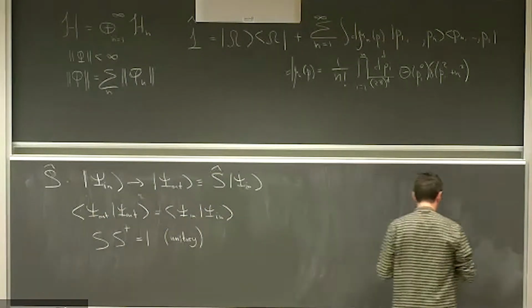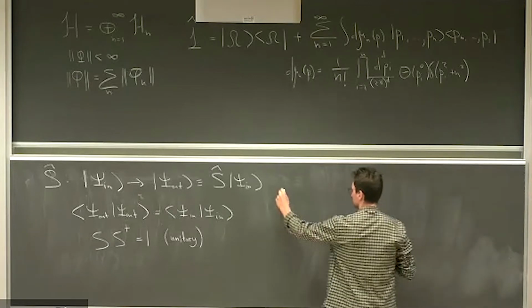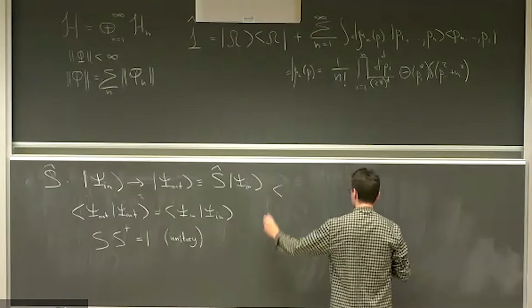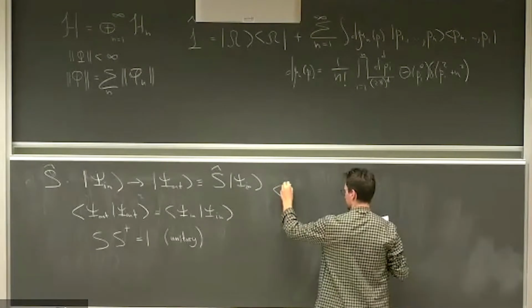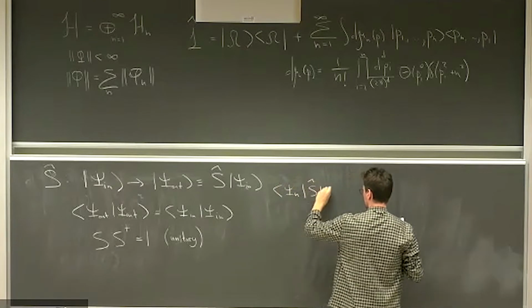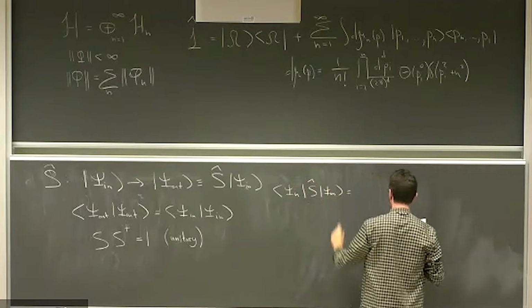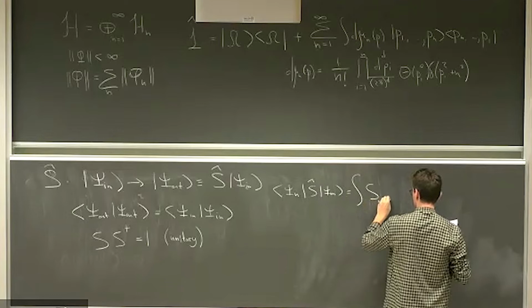Now, usually in this setting we choose some outgoing state and some particular incoming state, and consider overlaps. This is described by momentum kernels.